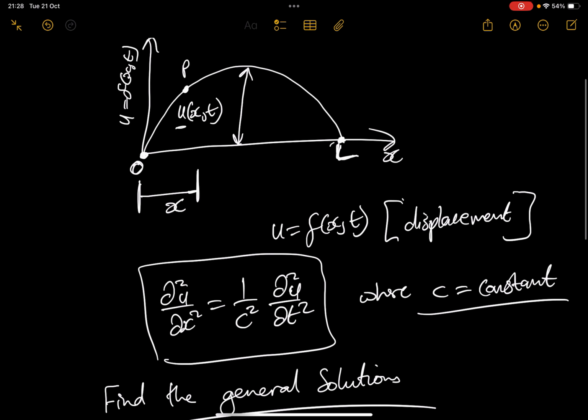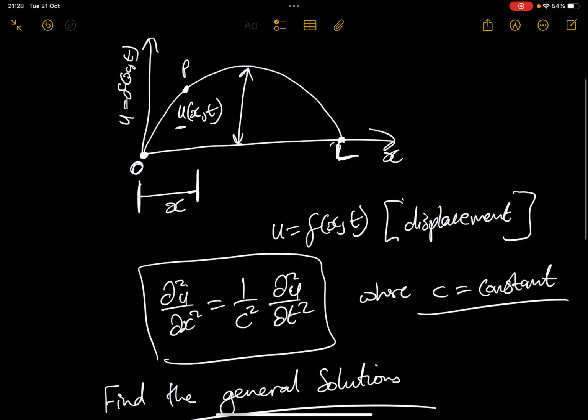So that's another condition. If this point P is deflected at t equal to 0, then u of x, 0, because time is equal to 0, is going to be f of x. So that's another condition: u of x, 0 equals f of x, the point of deflection.